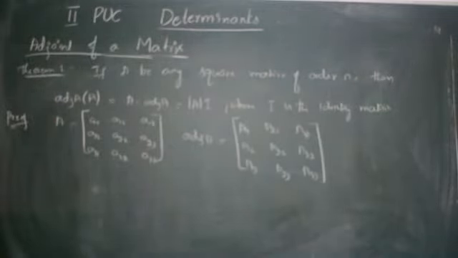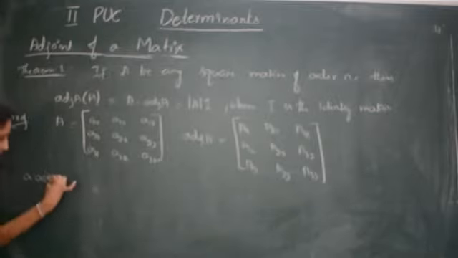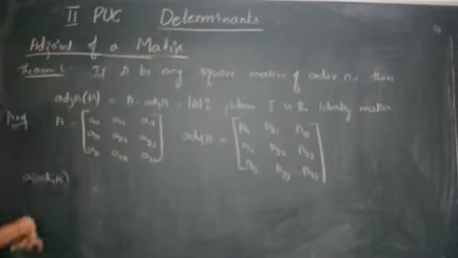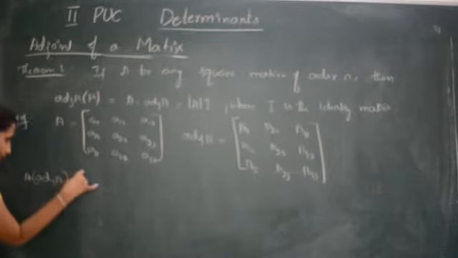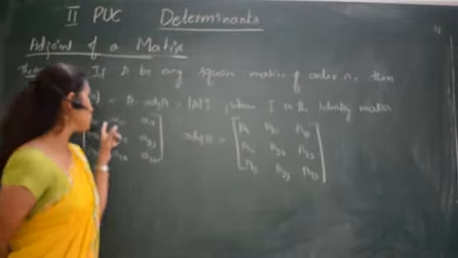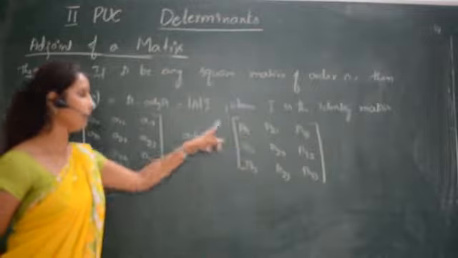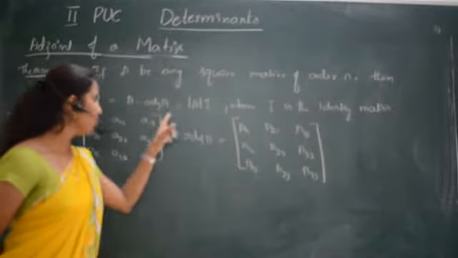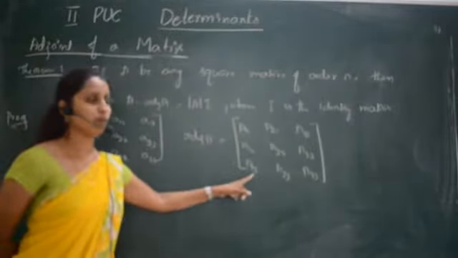Now we have to multiply A into adjoint A. When you multiply, first row and first column, we get A11 times its cofactor plus A12 times its cofactor plus A13 times its cofactor.